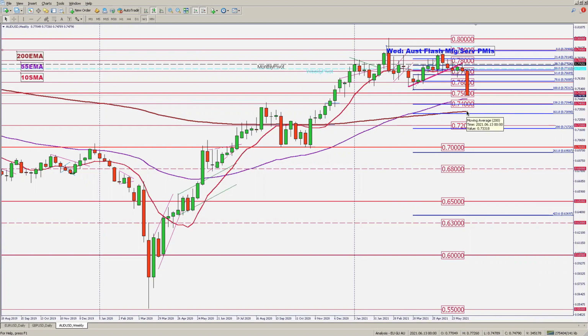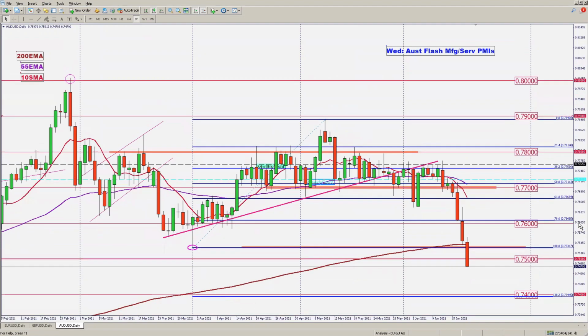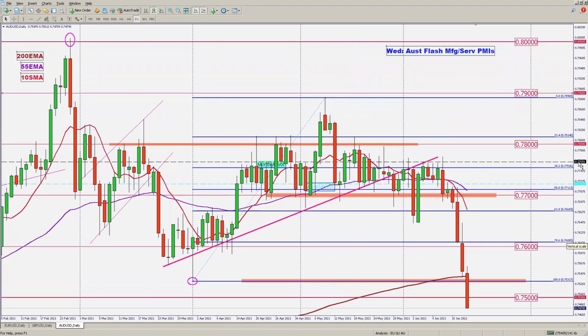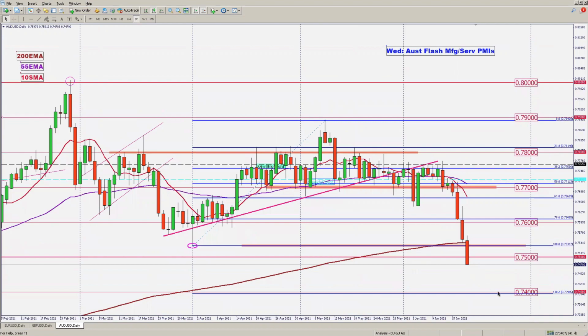That's close to the weekly 200 EMA. All right, so we'll see how far it's going to extend this bearish move. And there's only flash manufacturing and services PMIs for this week for Australia as well. So yeah, for now, we'll use this latest fib and see if there's any further extensions lower.